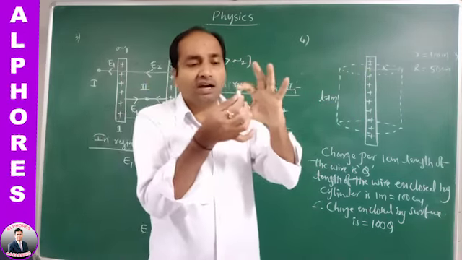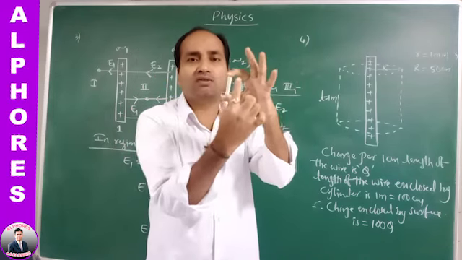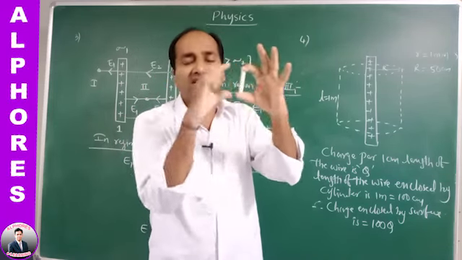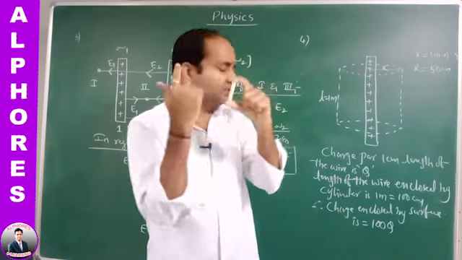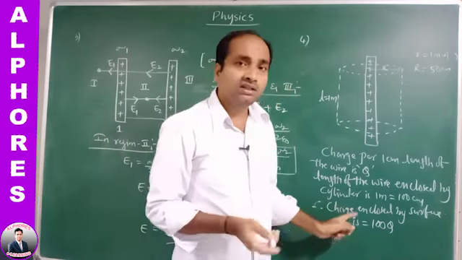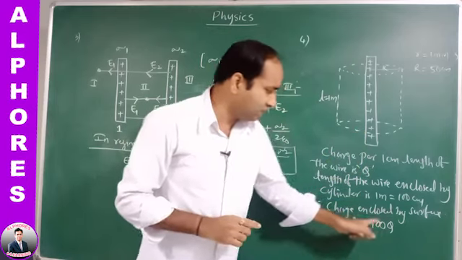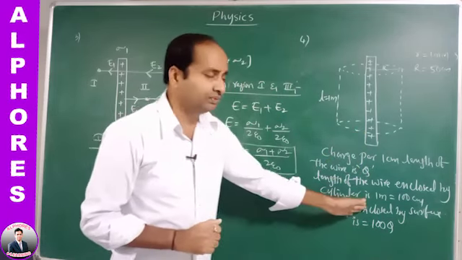Because the wire is enclosed by only 1 meter length of the Gaussian surface. Then the total charge enclosed by the surface becomes 100 Q.